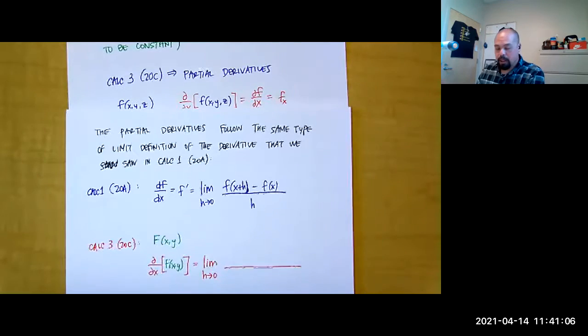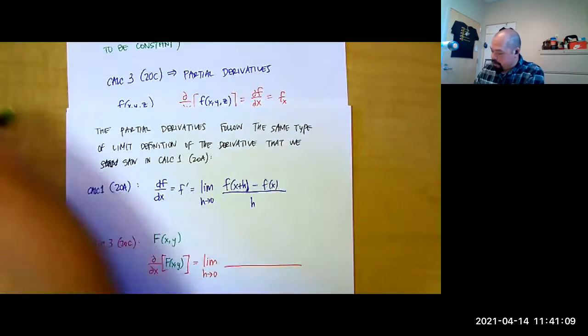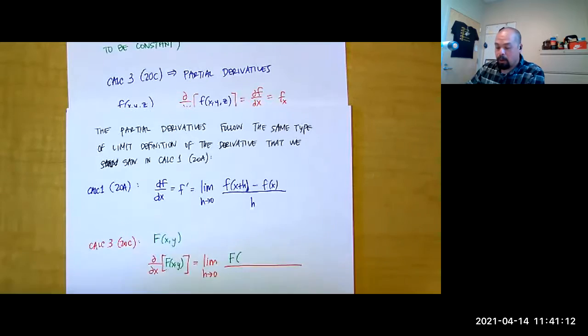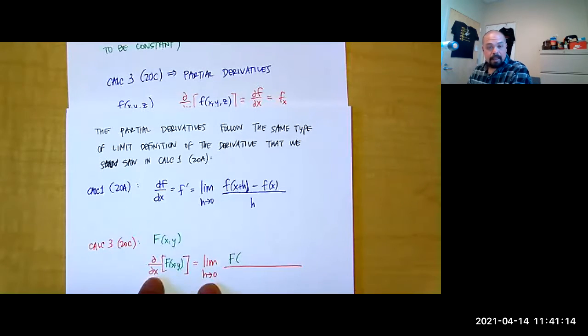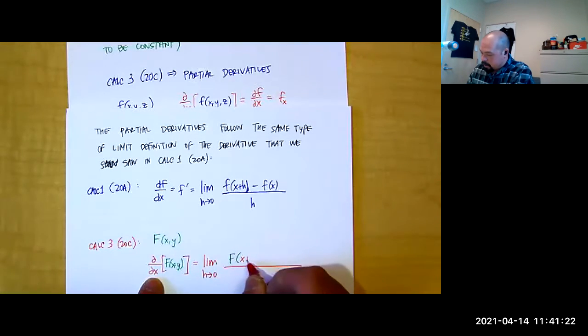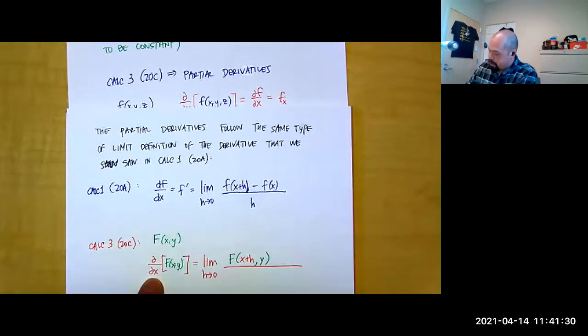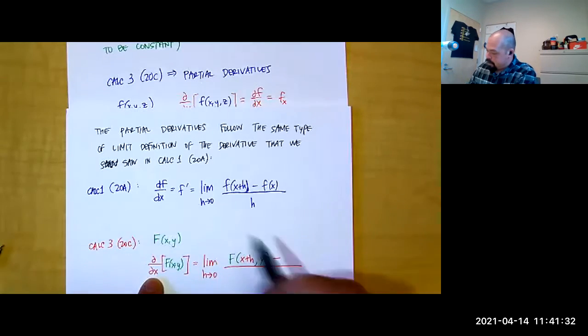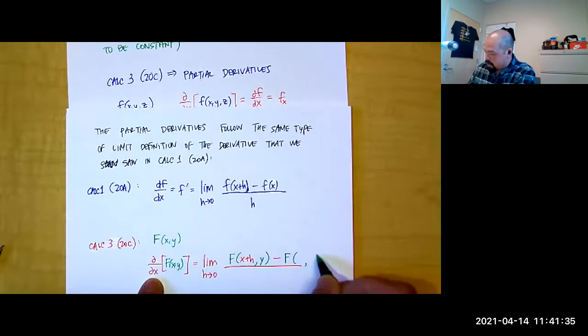For our difference quotient, notice what happens. We're going to have our function f, and we're going to let x vary, so I'm going to put here x plus h. The other variable, y, stays the same. Minus f of x, and then y, still the same. And that's all over h.